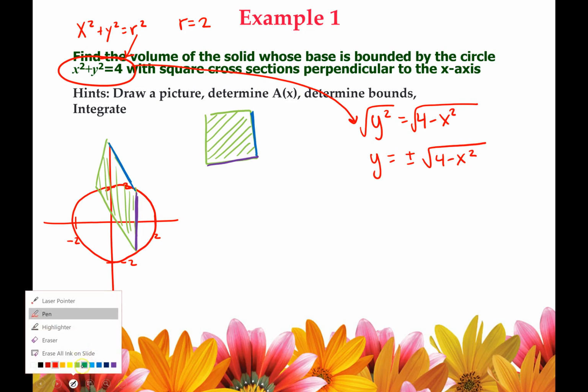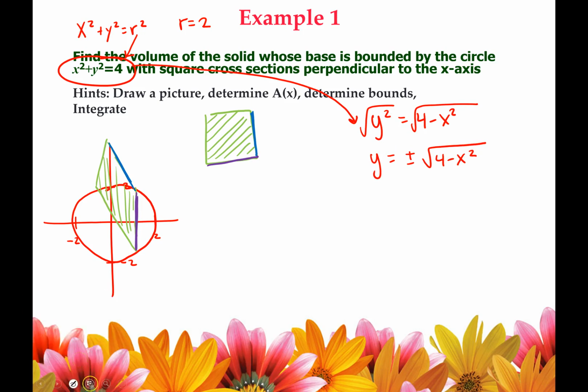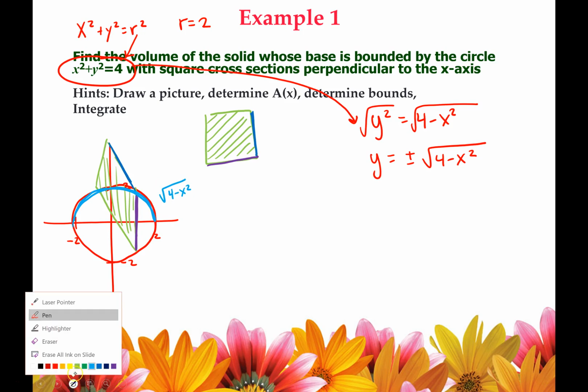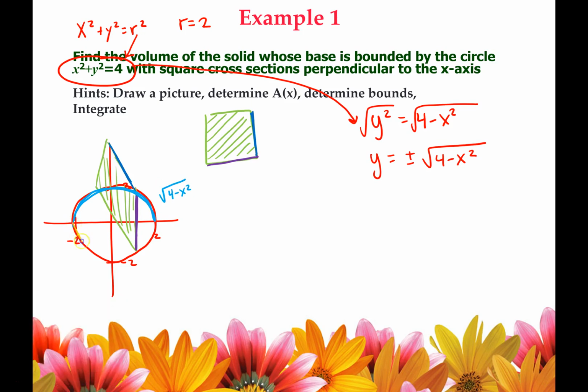So in this top equation, the equation of that blue line is the positive square root of 4 minus x squared. And then the bottom of my semicircle, that's the negative square root of 4 minus x squared.